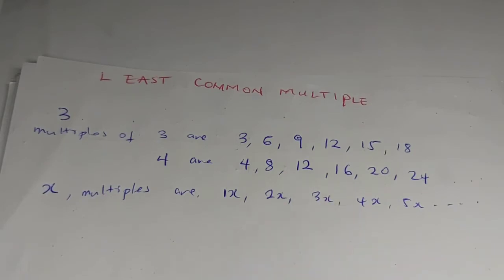So when you multiply x by any integer, the number that you get is a multiple of x.